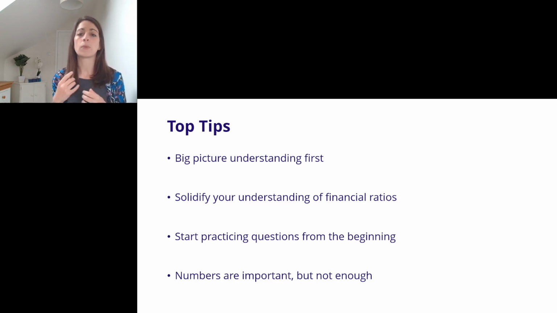Are we looking at assets? Are we looking at liabilities, income, expenses? Once you have that big picture understanding, you can then look in more detail at the kind of granular information. Make sure you focus on the impact any of these transactions have on the financial ratios, the analysis side. That is going to be crucially important.